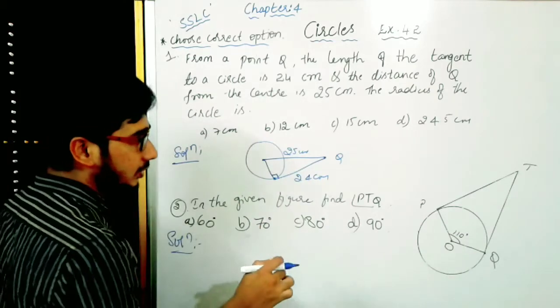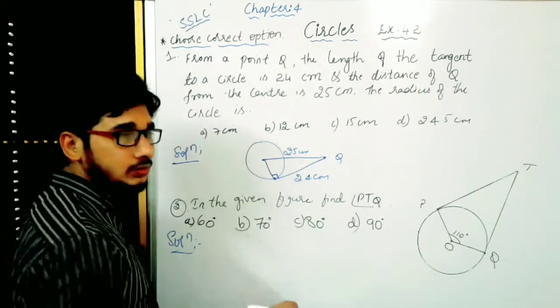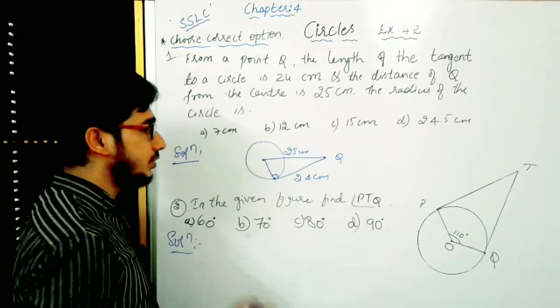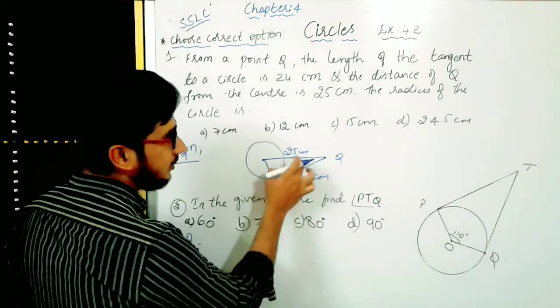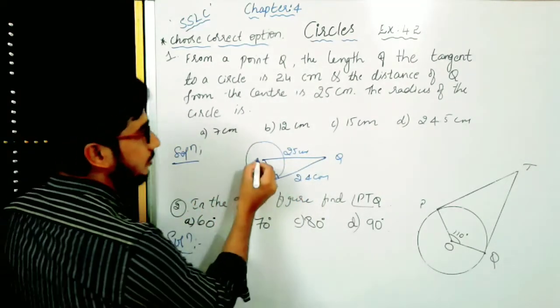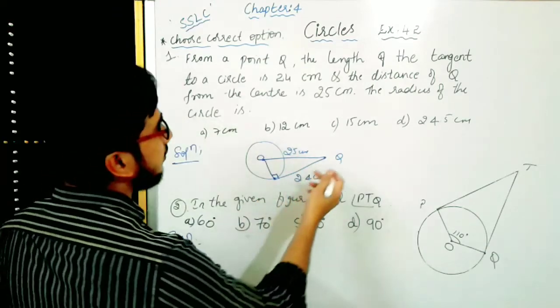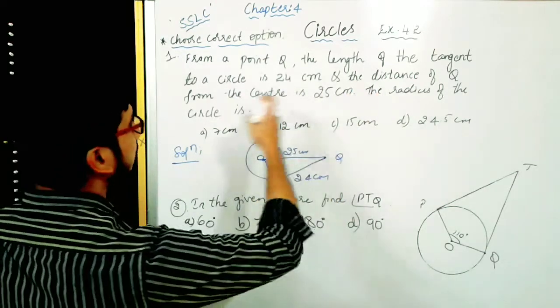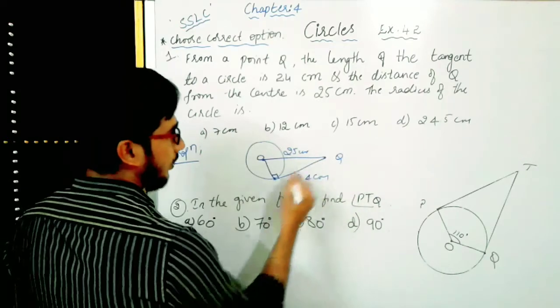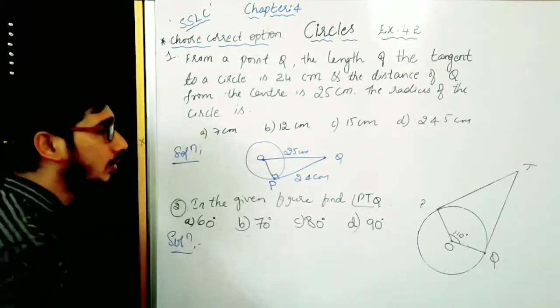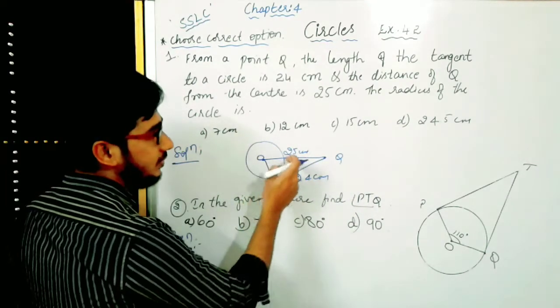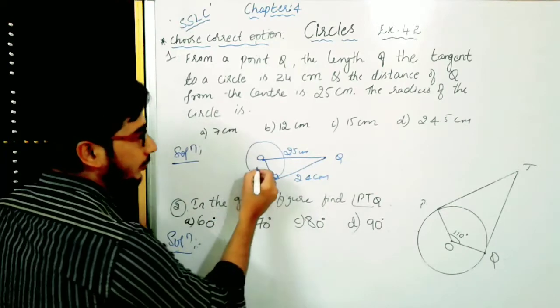The angle between the radius and the tangent is always 90 degree, it will never change. If this is 90 degree, this is the hypotenuse. This is O, and naming is not there, so I will call this P. We want to find this.